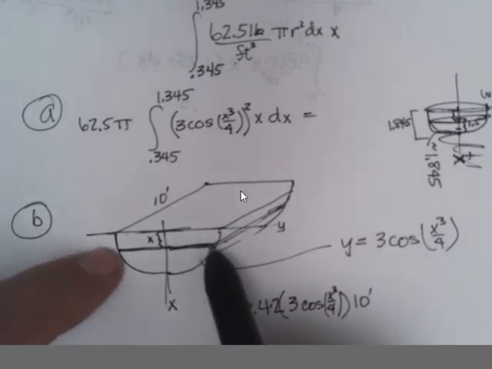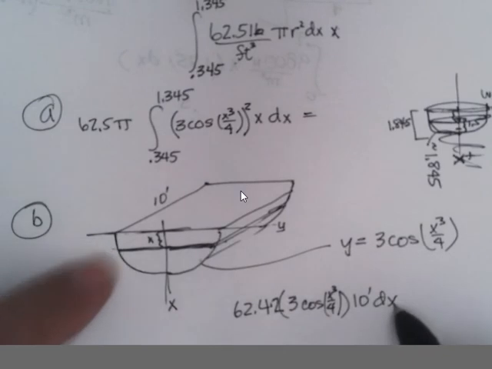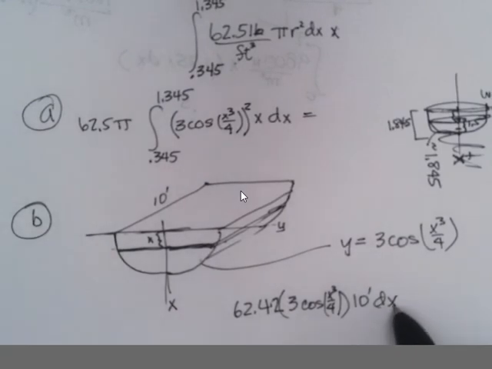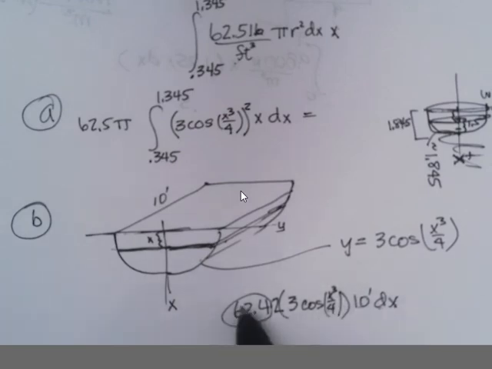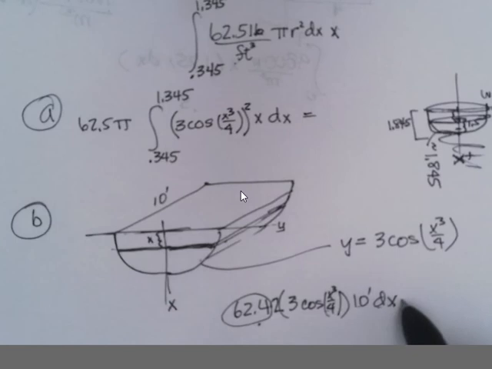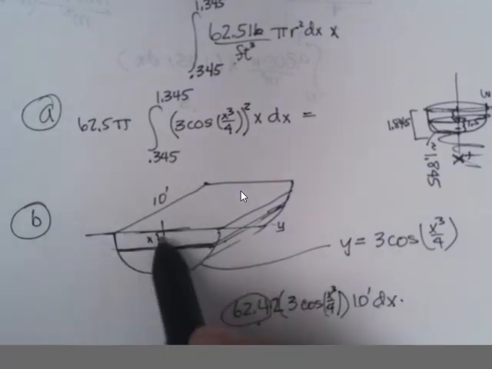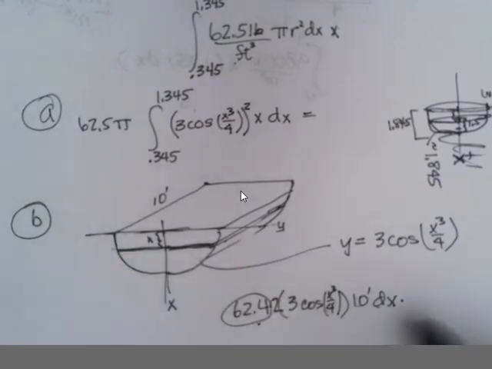And the thickness is a dx, so height times length times width is a volume, times the 62.4, the weight per volume. So this turns out to be just weight, a force, times the distance we have to lift it, which is going to be x. We usually put it inside, but I don't have room.